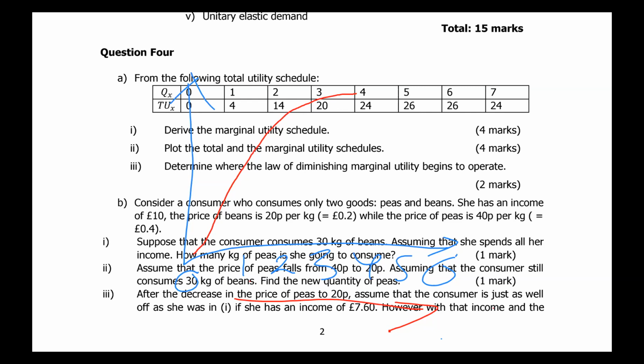When you reach a certain level, in this case 4, when you take the 4th mango, you would have reached the maximum total utility. At that point, you're fully satisfied. You're no longer willing to take more mango.